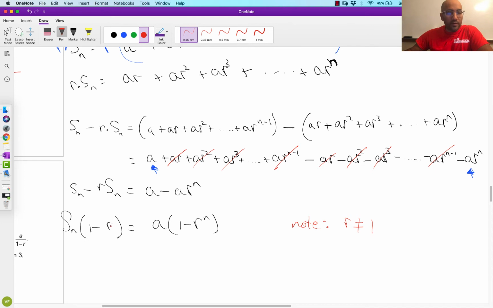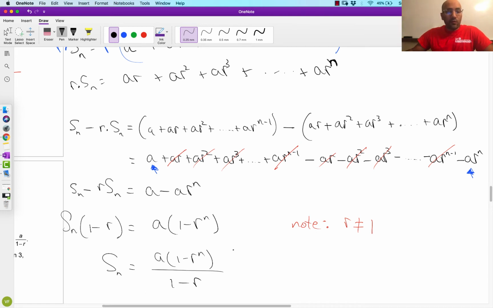Right? And that's important because if r is equal to 1, then I end up with a 0 and I'm not allowed to divide. But this is the case we're considering where r does not equal 1. So we get that s sub n equals a times 1 minus r to the nth power divided by 1 minus r.